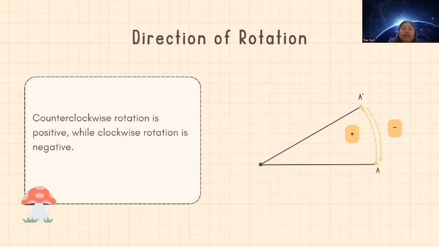It is important to know the direction of rotation. Mathematically, a counterclockwise rotation is considered positive, while a clockwise rotation is negative. This rule helps us consistently determine the position of our image.